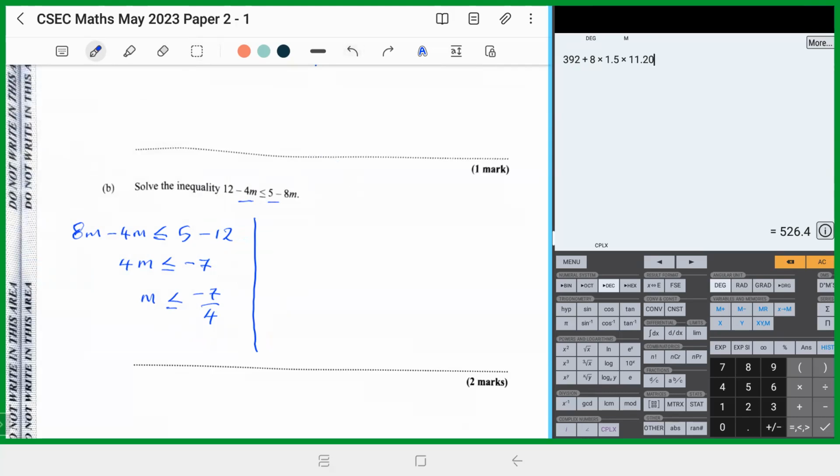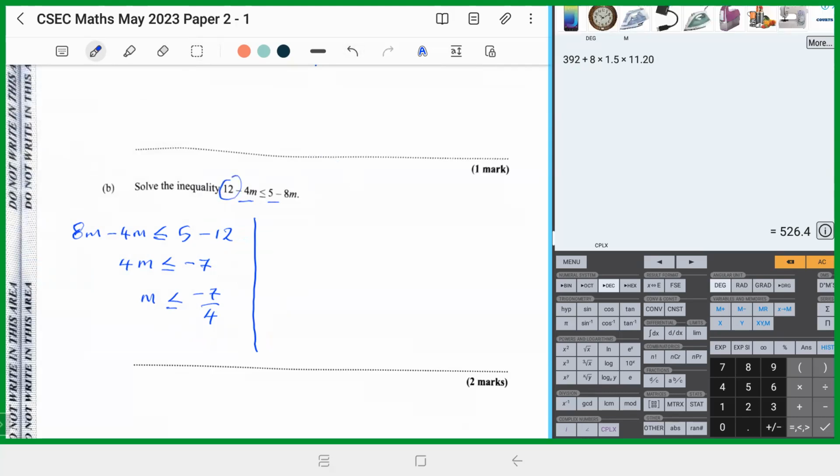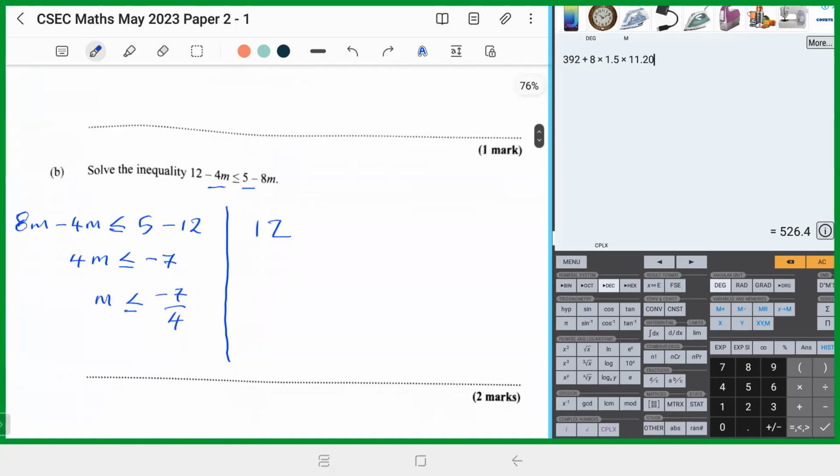Then I would have 12 over here. This 5 would go over on the left side and it will become minus 5. The sign is less than or equal to, I have a negative 8m here. And then this 4m will come over onto the right side, become a positive 4m.